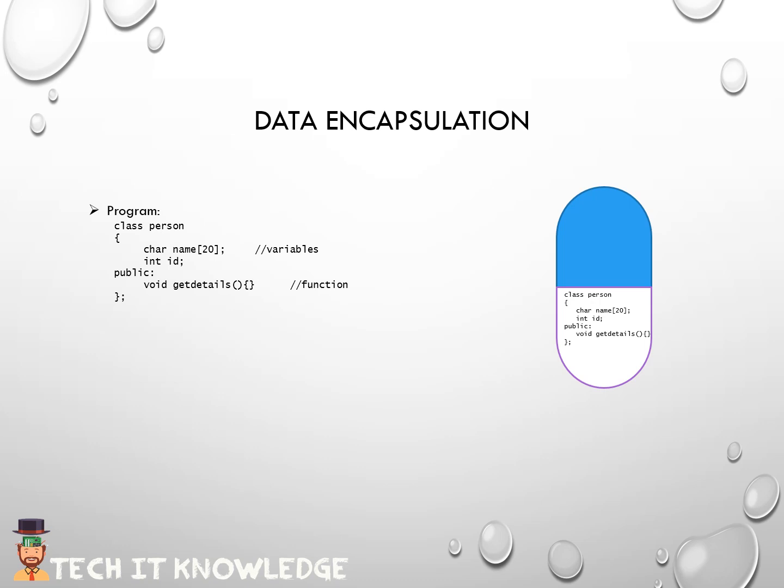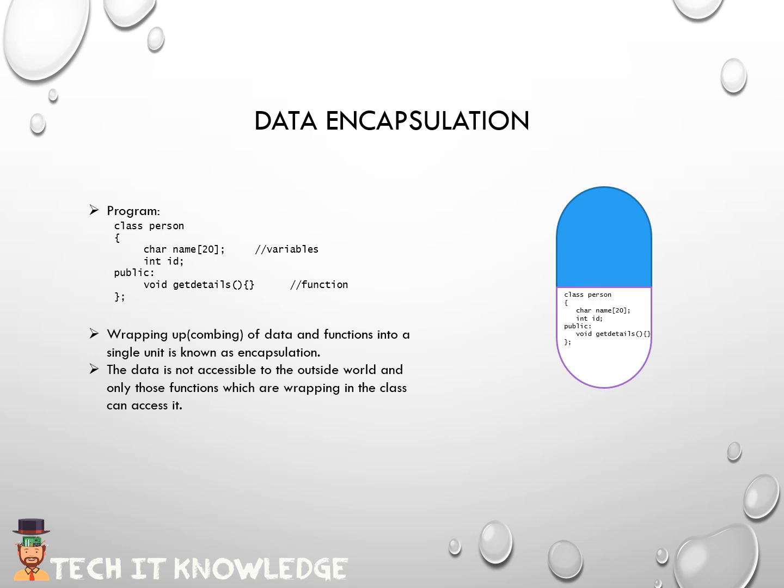The same concept C++ uses in programming. It's nothing but the wrapping up of data and functions into a single unit, which is known as encapsulation. So data is not accessible to the outside world and only those functions which are wrapped in the class can access it.